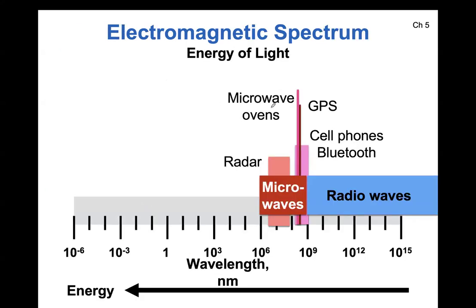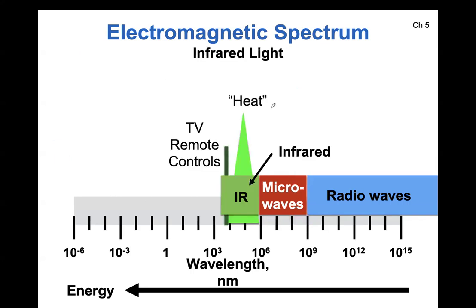Okay. So far we've talked about radio waves and microwaves. What's next? Well, infrared. We're moving from longest wavelength to shortest. Next up, infrared. The whole category is called infrared. The main types of light within that category are like TV remote controls.